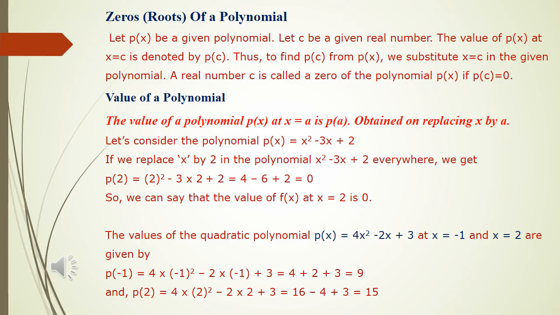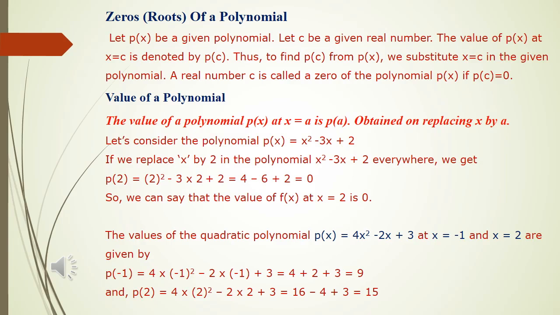Values of the quadratic polynomial. Here in the given picture you can see 4x square minus 2x plus 3 at x equal to minus 1 and x equal to 2. So, we will replace x by minus 1 and by 2 respectively.